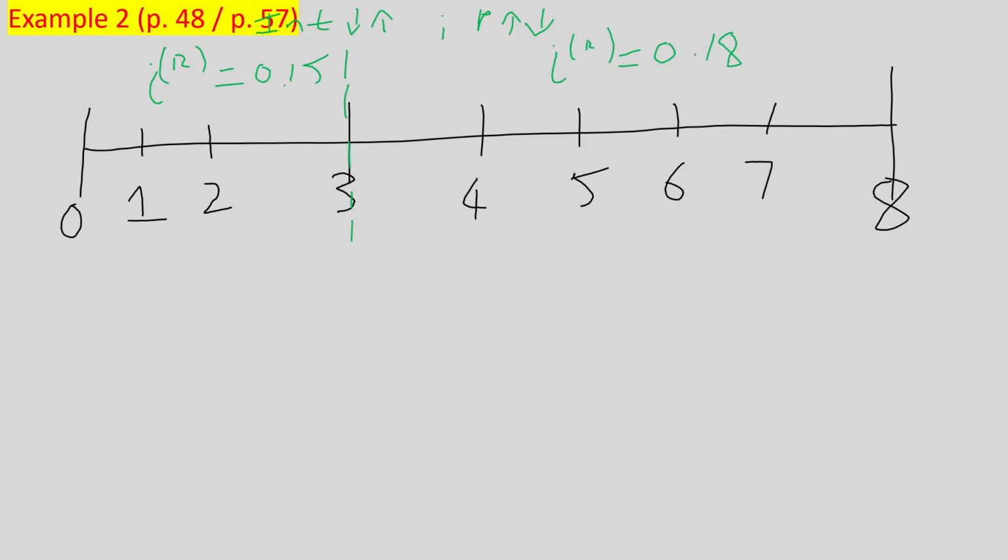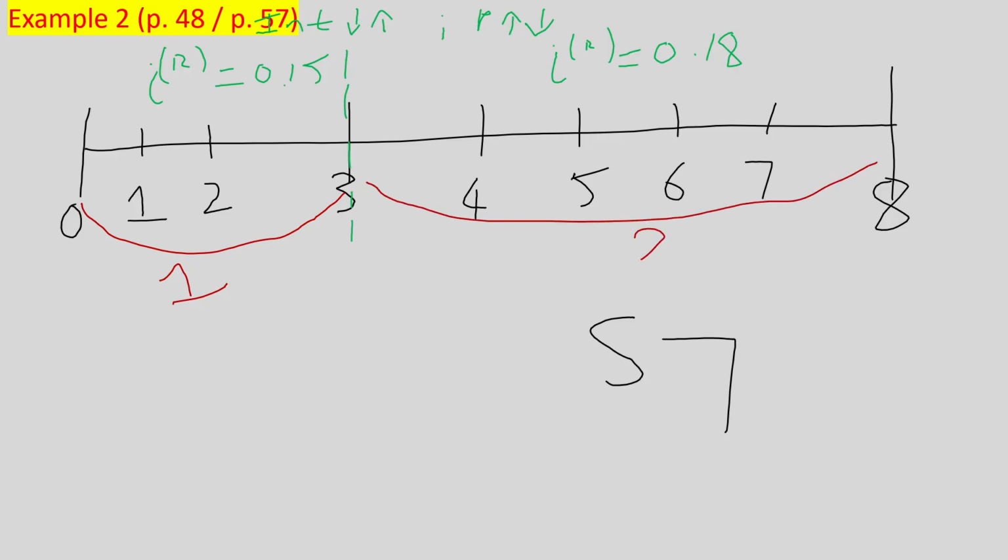Find the accumulated amount at the end of the 8th year. So in terms of my long timeline, I'm looking for a future value. But the way that we have to do it, this is going to be annuity 1, that is going to be annuity 2.